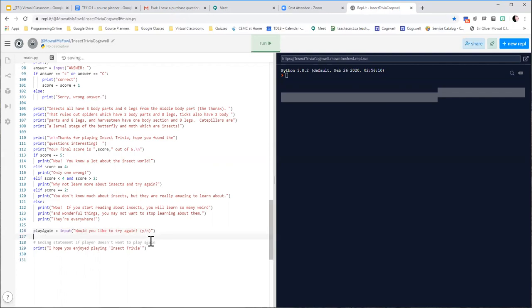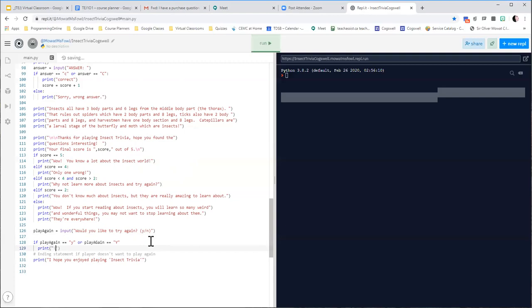Now, if he wants to play again, so if it equals yes, or play again equals an uppercase yes, I'm just going to put a whole bunch of blank lines so it makes it look like kind of the screen is cleared.